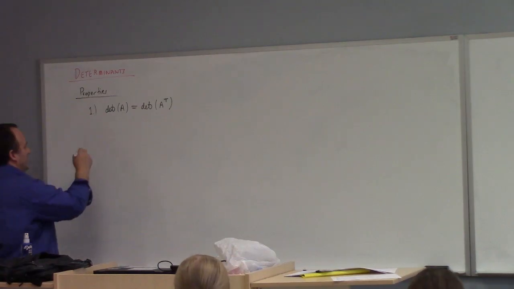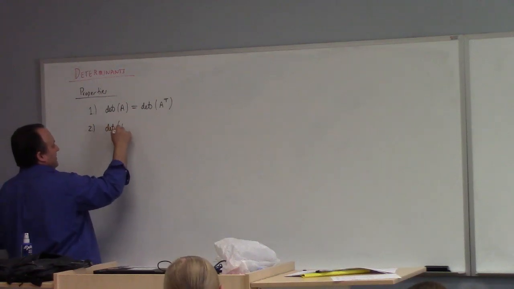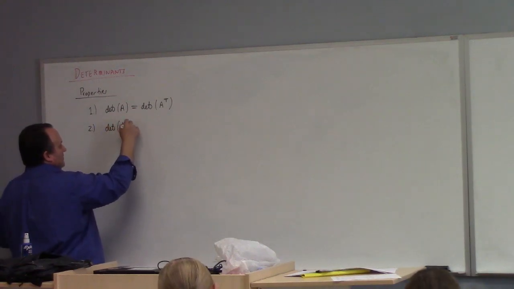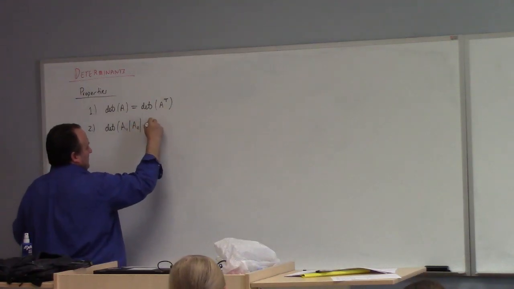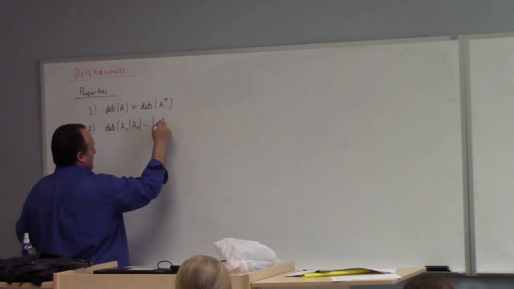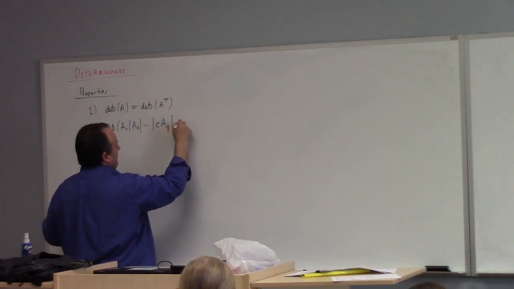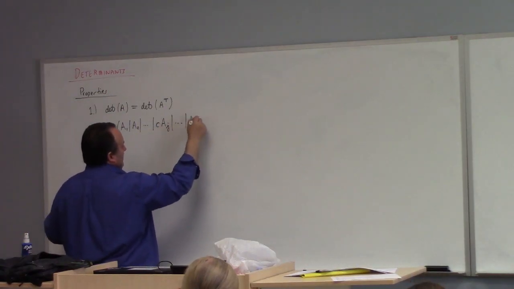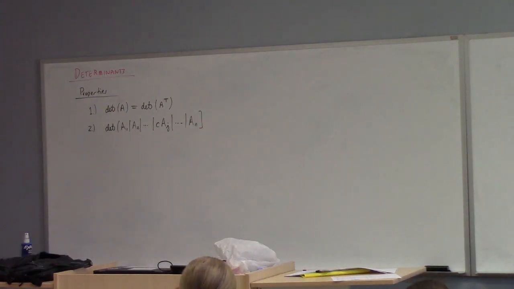Another property of the determinant is if we're taking the determinant of like A1, A2, on out until we get to like a constant times, let's say, A sub j, and then here A sub n. So what I'm saying is you've got a constant in one of the columns, all right?